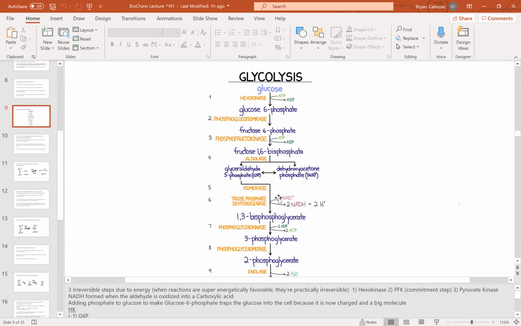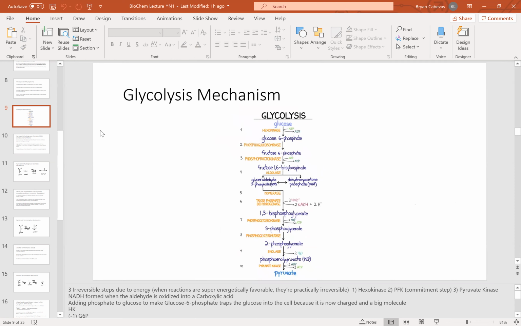However, we're going to be running out of NAD+. We start with NAD+, we have a redox reaction, and we reduce NAD+ into NADH. So if all we have is NADH, then how can we keep glycolysis happening if we don't have NAD+? So what fermentation does is it simply regenerates that NAD+, right?